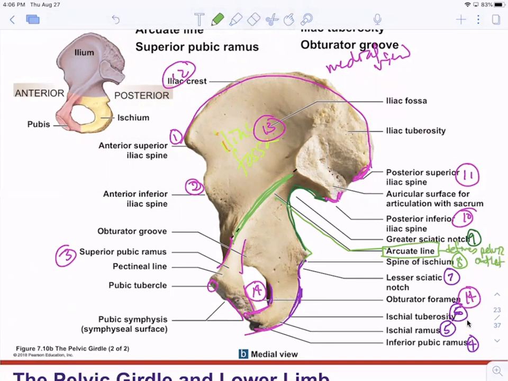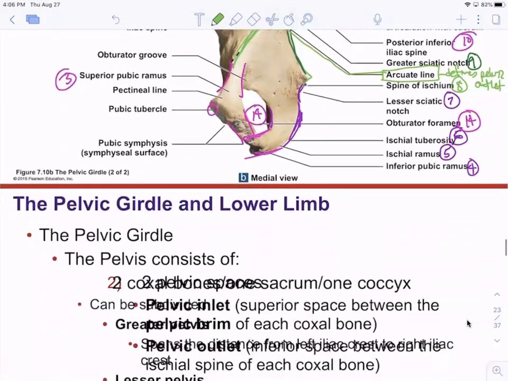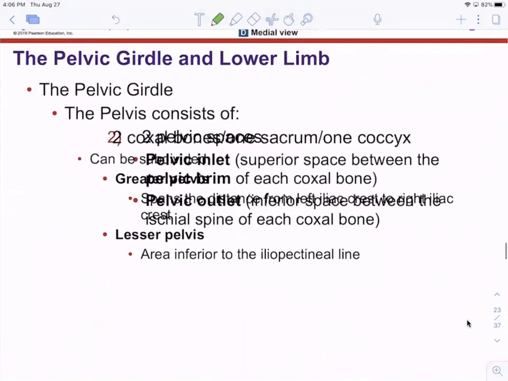The auricular surface here, or the iliac tuberosity, fits with the auricular surface of the sacrum. So this is where the sacrum articulates. There. And so that is one os coxae.